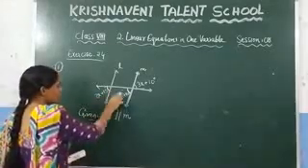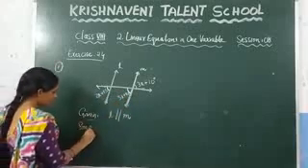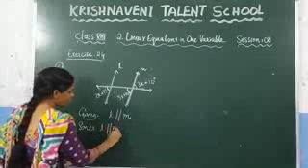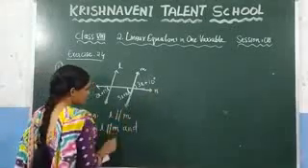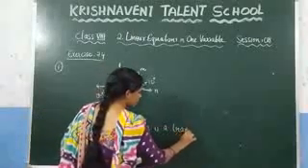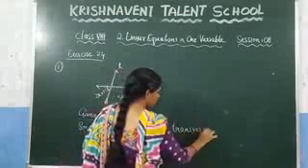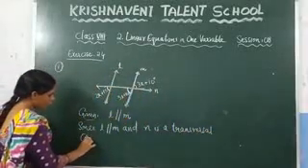Based on that, we can equate these two angles. So write it here: since L is parallel to M, and let us consider this line as N, N is a transversal. Corresponding angles are formed and they are equal.